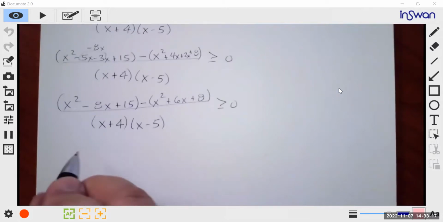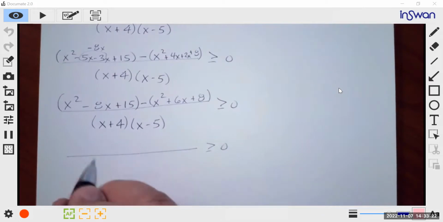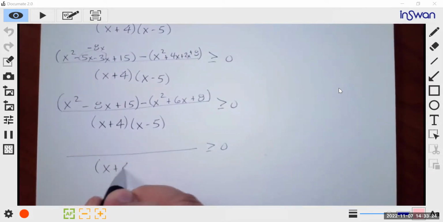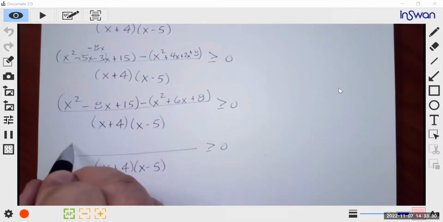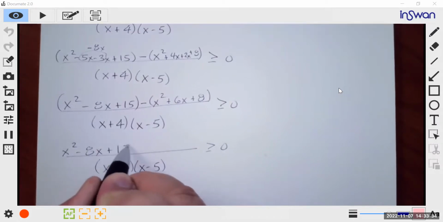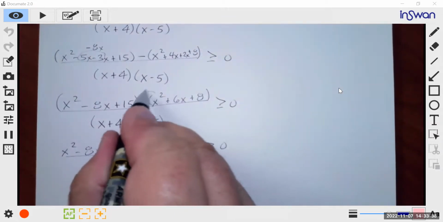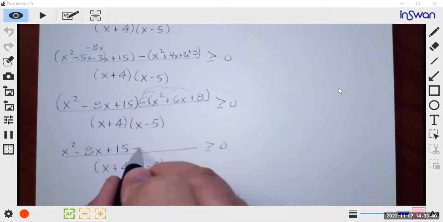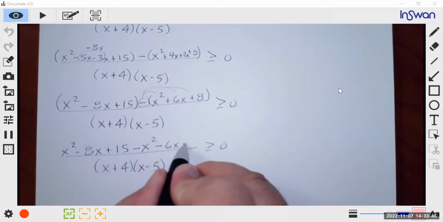Let's get rid of the parentheses on top. On the bottom, we have X plus 4, X minus 5. In the first parentheses, I don't need it because there's no coefficient. And the second one distributes, it just changes everybody's sign inside there.